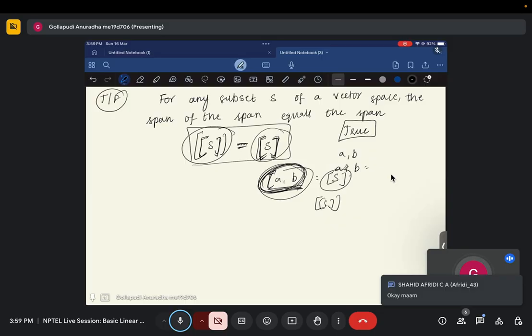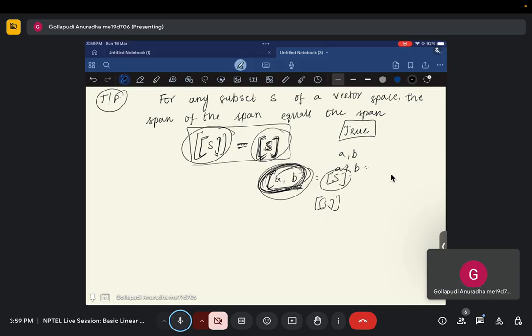Whatever basis you have for S, if you take linear combinations, you get the span of S. And if you again take linear combinations of the span of S, you can still get it as a linear combination of the basis. So the span is going to be the same. So it's going to be true.